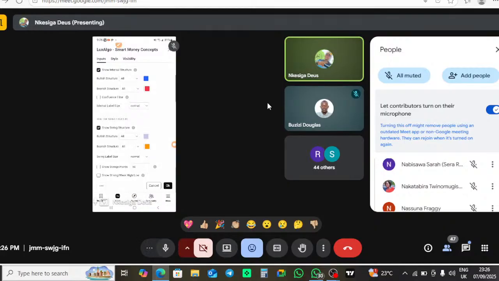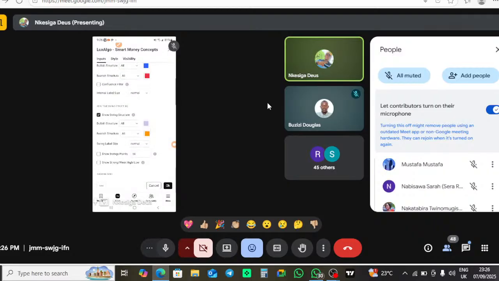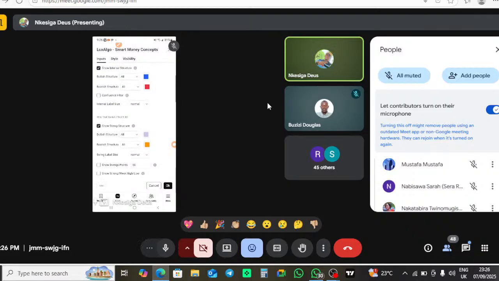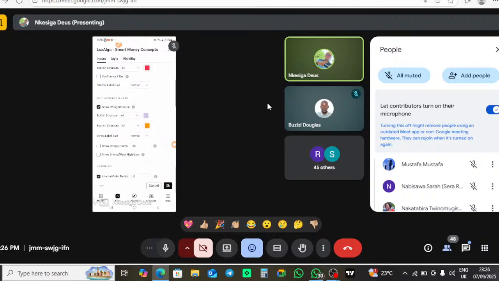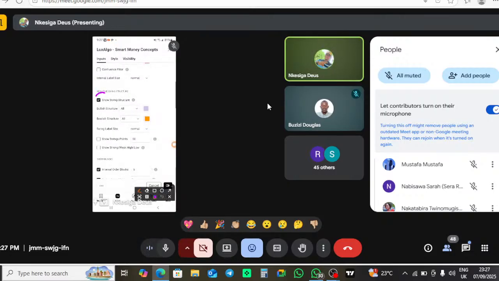For the structure colors, if you see this word structure in front, those colors should be having opacity of 100. Then we scroll down. We tick here show swing structure. Then we choose the colors here. Again, swing label size, we choose normal. All together, we choose normal.